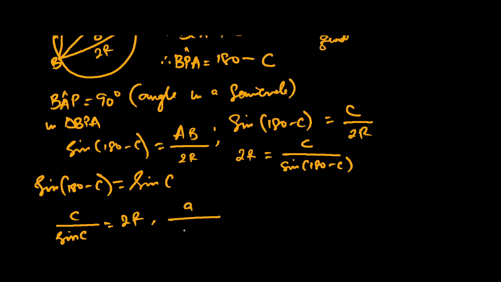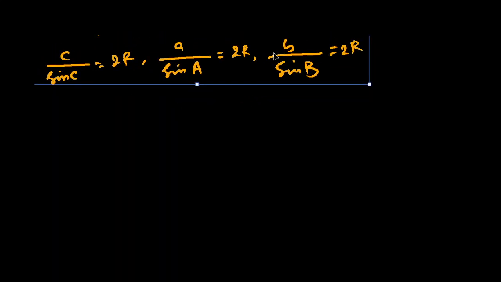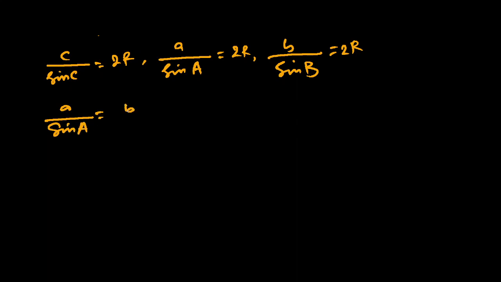Similarly, we are going to have that a over sine of a equals r, and b over sine of b would also equal r. If that should be the case, we can then resolve back to what we did earlier when we were using acute triangles. So this is a over sine of a equal to b over sine of b equal to c over sine of c equal to 2r.